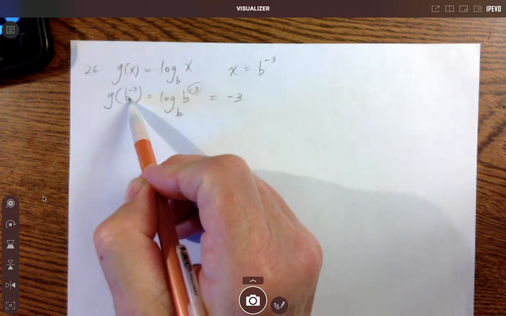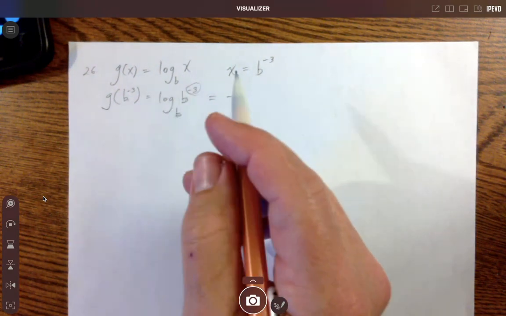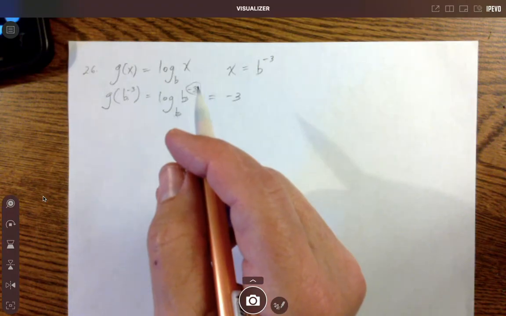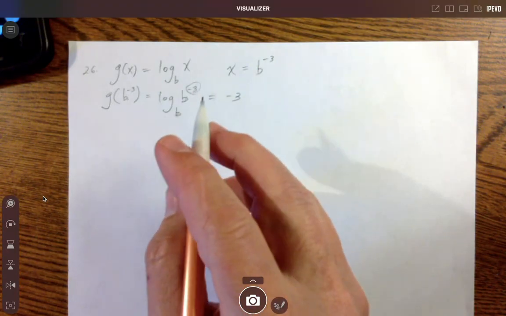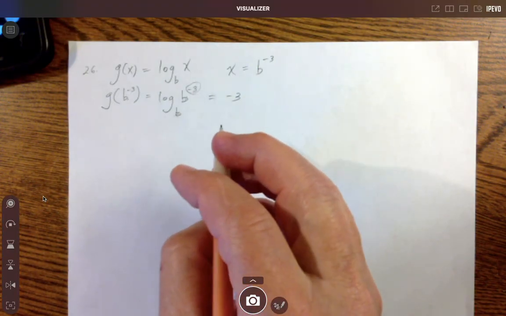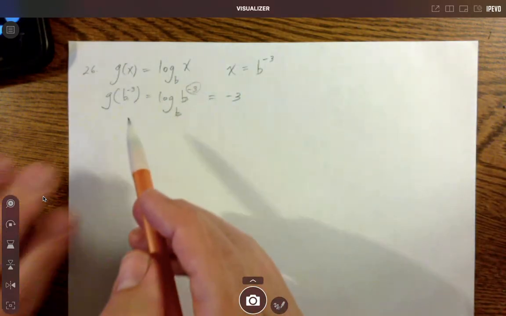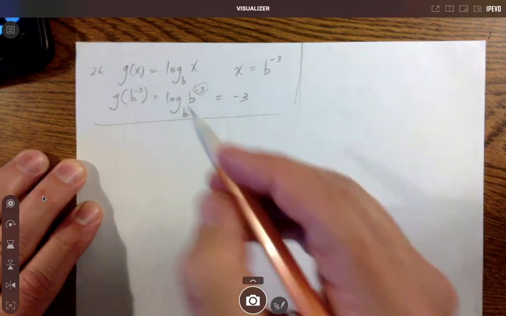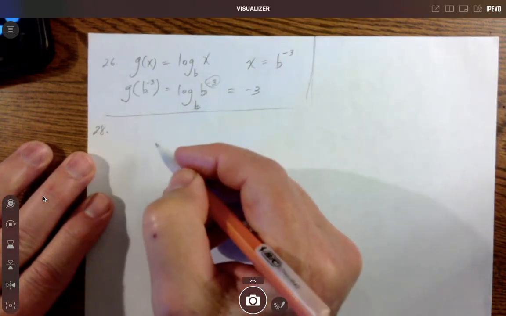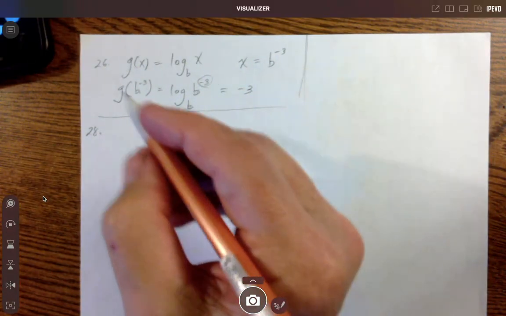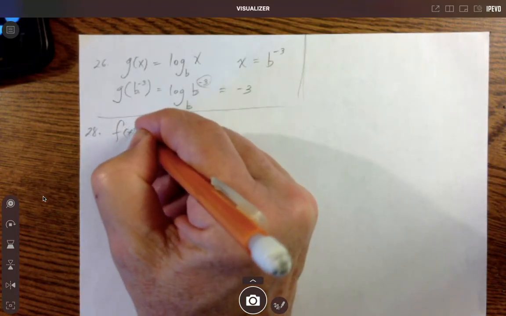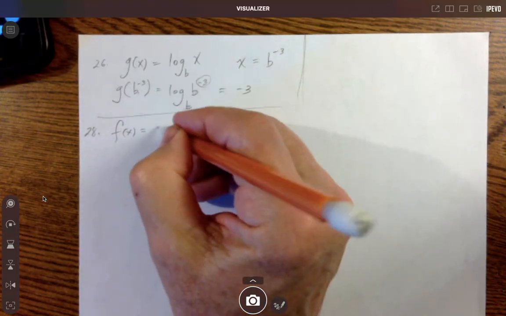All right, the next exercise says use a calculator to evaluate the function at the indicated value of x and round your results to 3 decimal places. All right, so for 28, this is a new problem set. For problem 28, we have f of x equals log base 10.